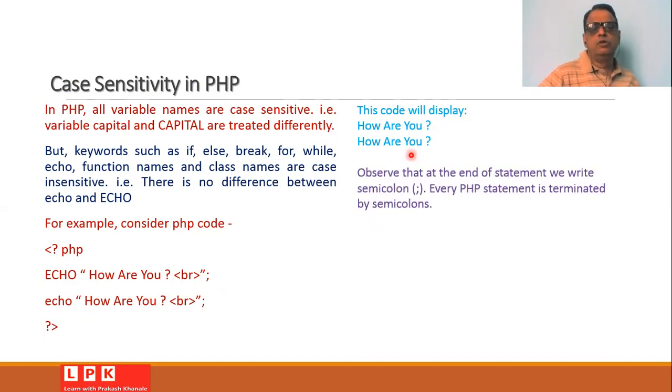Also, one can easily observe that whenever you write a number of statements in PHP, you need to include a semicolon at the end of the statements. So every PHP statement is terminated by a semicolon.